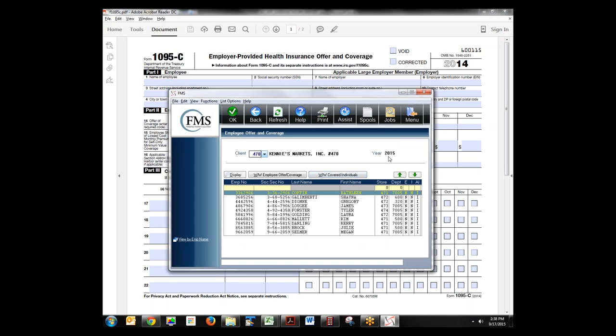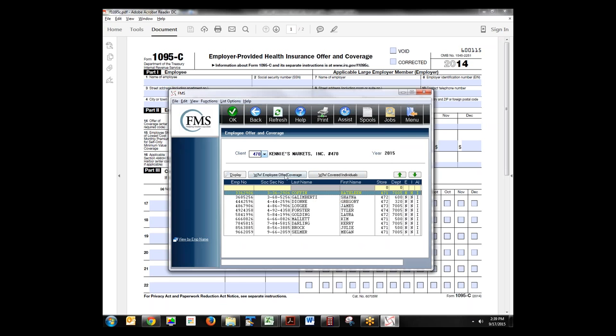Everything is stored by plan years. Well, I'm not going to call it plan year, I'll go calendar year, because of course that's what the IRS form is. It has to be submitted every year. So we've got everything organized by year.